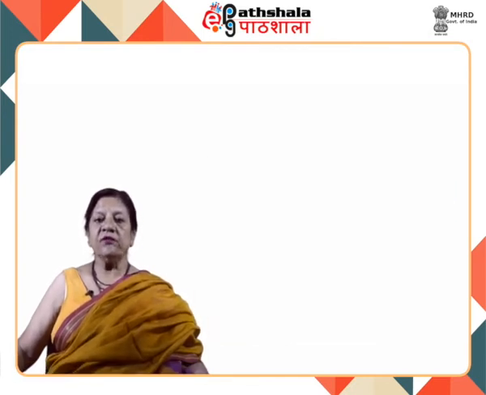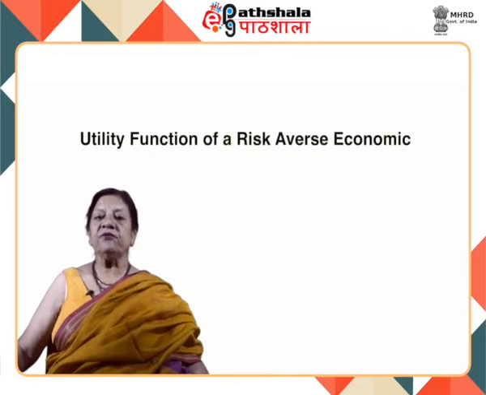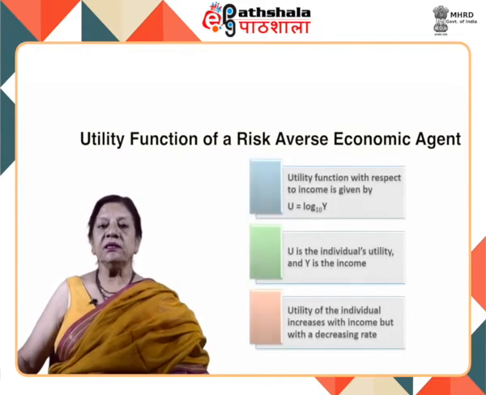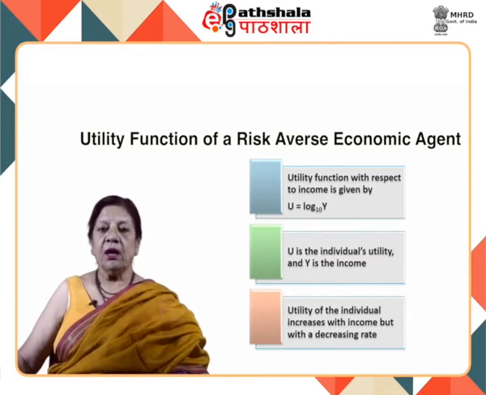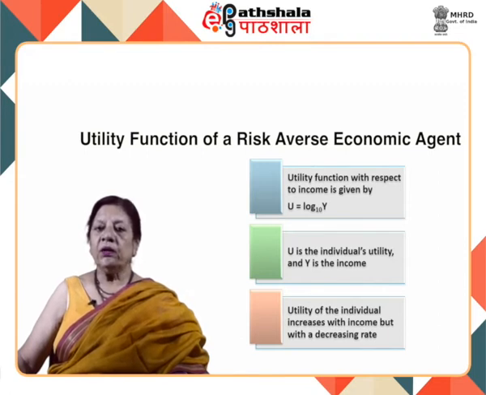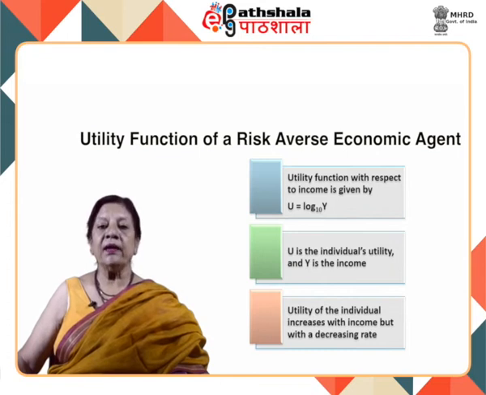Now, we will discuss the utility function of a risk averse economic agent. Consider an individual whose utility function with respect to income is given by u is equal to log10 y, where u is the individual's utility and y is the income.